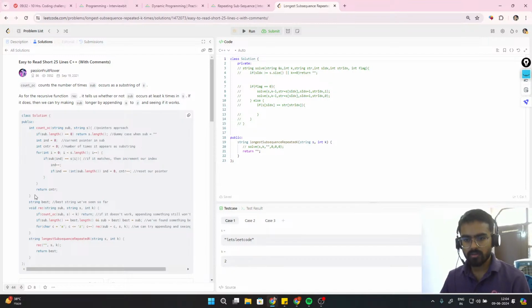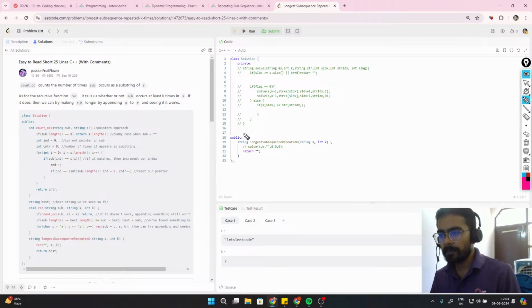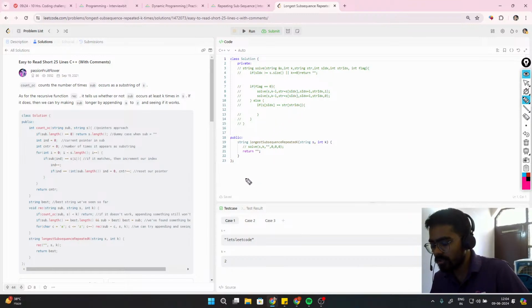Okay, his logic is something very nice and precise, I would say. What he is doing, he has an empty substring. He created an empty substring.